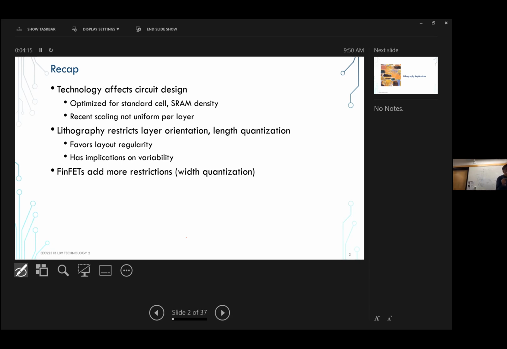Lithography restricts some things that you can do in the design. If you come from old times and were accustomed to very liberal design rules, you find it frustrating. If you're new to it, that's just how it is, and you don't have to worry too much. This is what the design rules are.